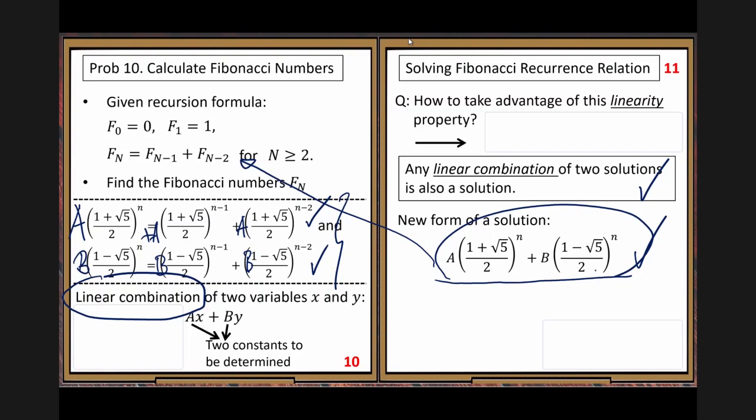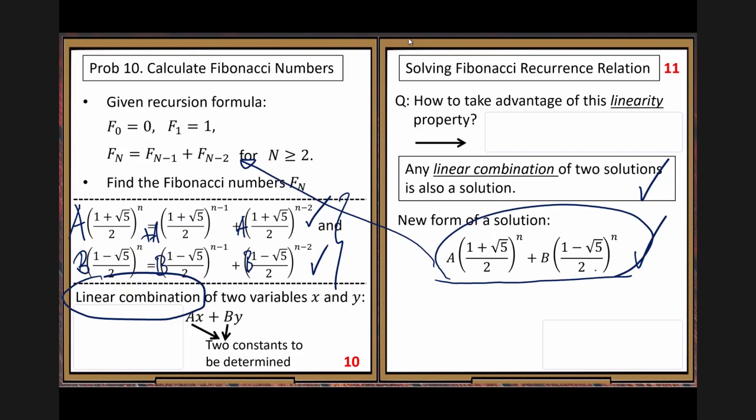After that, for arbitrary capital A and arbitrary capital B, the constants, any capital A value and any capital B value gives a new solution. So we have freedom to choose capital A and capital B. When we have freedom, can we find a special A and special B to satisfy the initial condition?